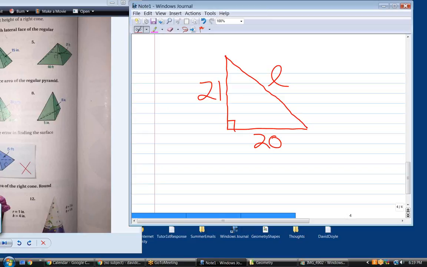So right triangle, you know how to solve that, right? Yeah. Okay, so what do you get for lambda? 29. Exact? Yeah. Wow, I wasn't aware of a 20, 21, 29 triangle. That's a Pythagorean triangle that I didn't know about.